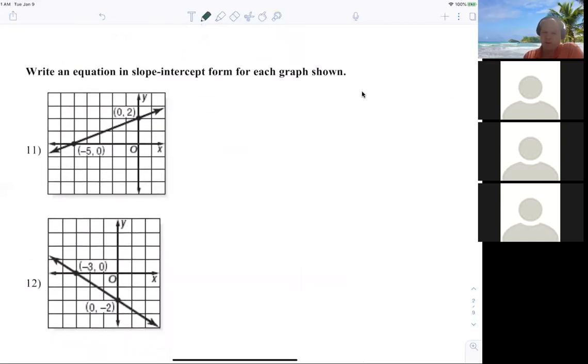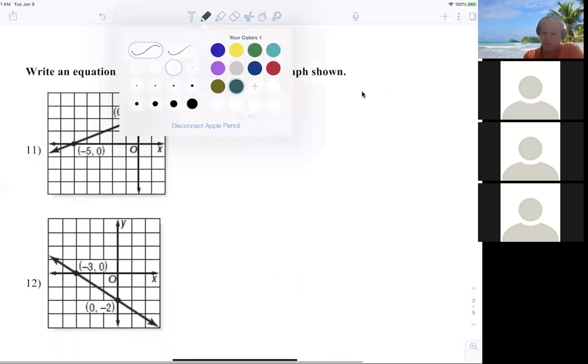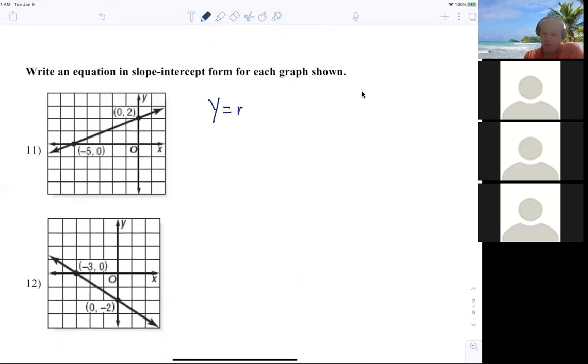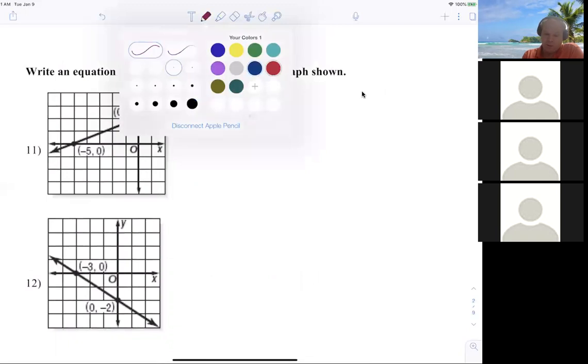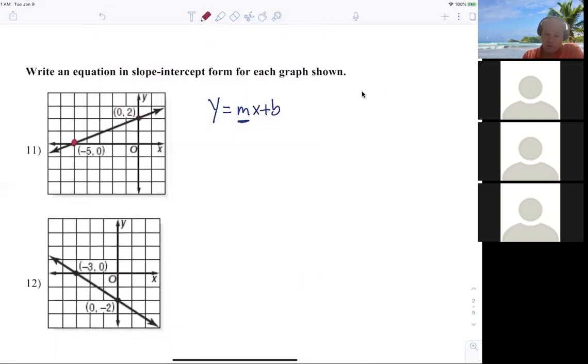In order to write it in slope-intercept form, I always tell kids the first thing you should do is go ahead and write y equals mx plus b. And m, we need to figure out what the slope is. So what I want to do is look at this point right here, and this point right here. So I went up 2, then I went over that amount. So we can say that delta y is equal to 2, and then delta x was 1, 2, 3, 4, 5.